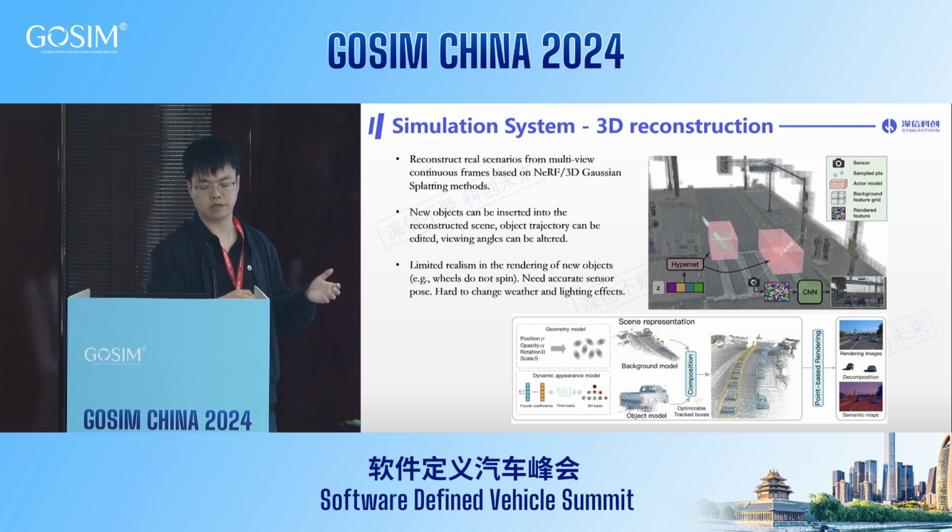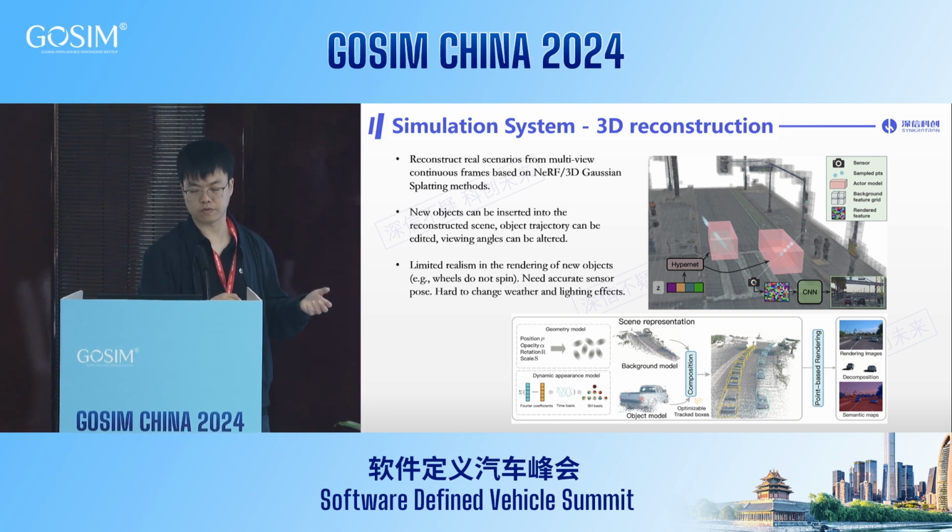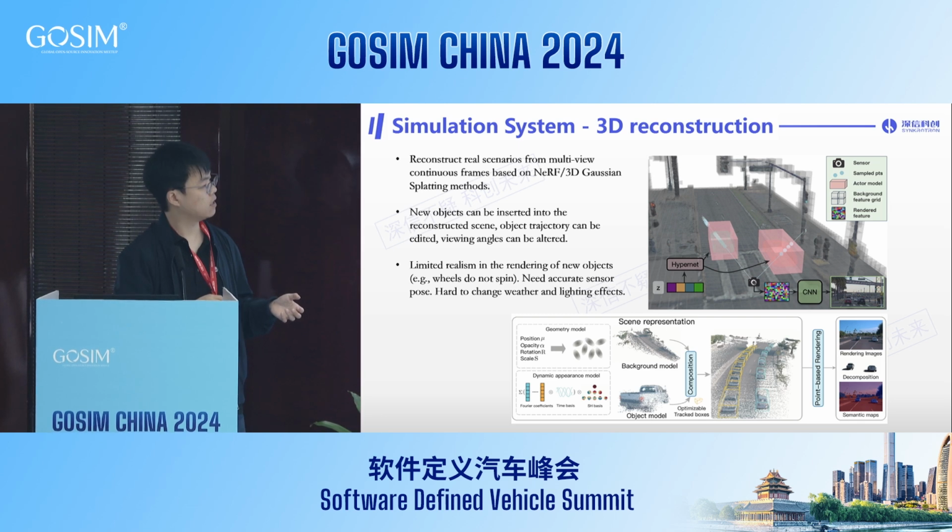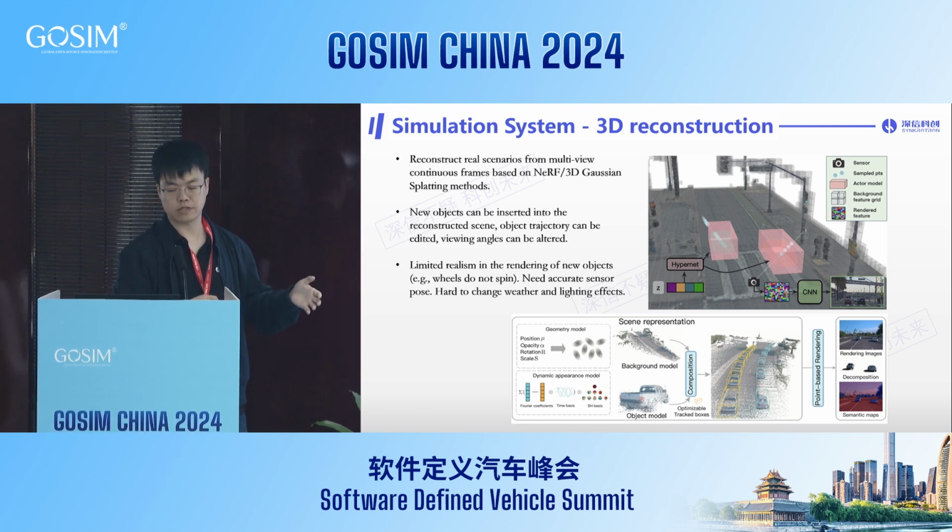So basically, by looking at continuous frames or videos from different angles, you can reconstruct this 3D environment quickly by using neural radiance fields or neural feature descriptors. And then once you have a reconstructed 3D environment, this has no domain gap. Everything is reconstructed from real data.